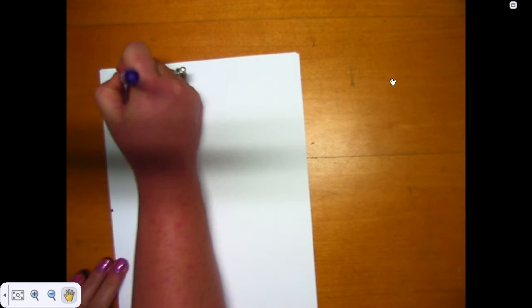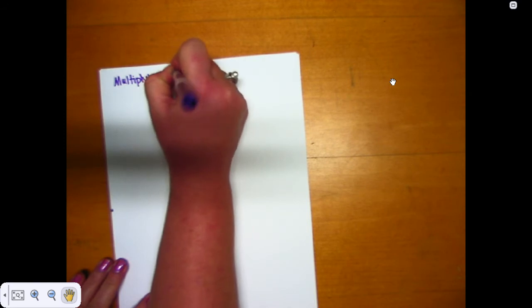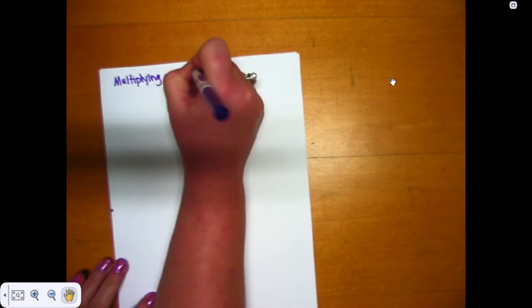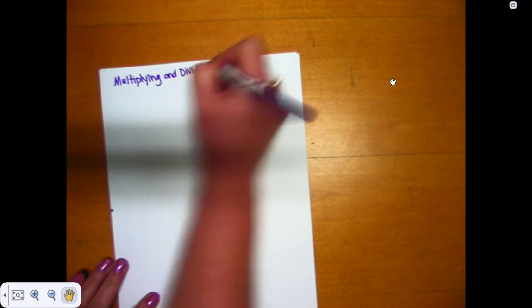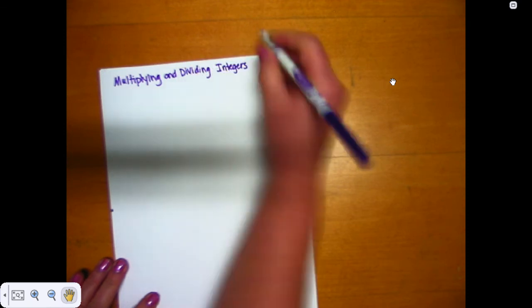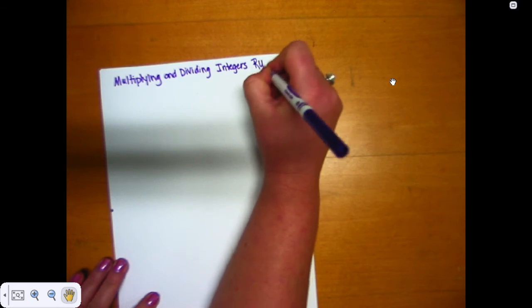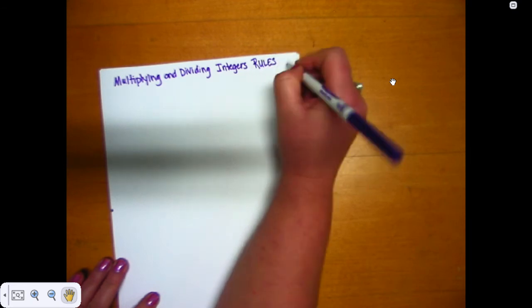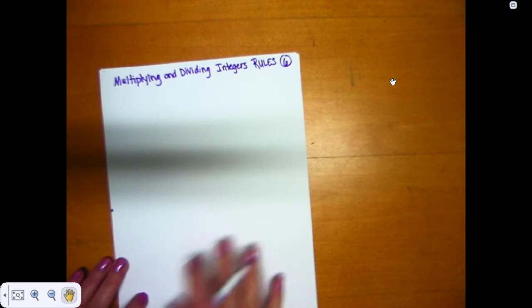So let's write our rules down. We're going to call this multiplying and dividing integers rules. And this is notebook entry 6.